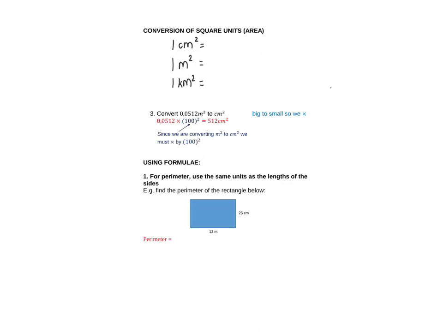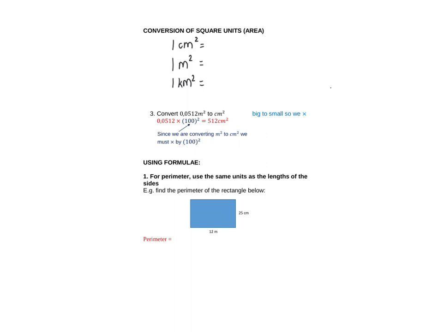The conversion of square units, and that would also include when we're working with area, which we'll get to in a second. For square units, we can relate it to what we learned about linear units. So we knew 1 centimeter is equal to 10 millimeters.